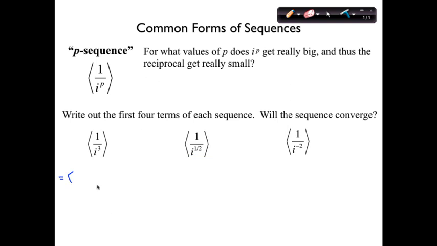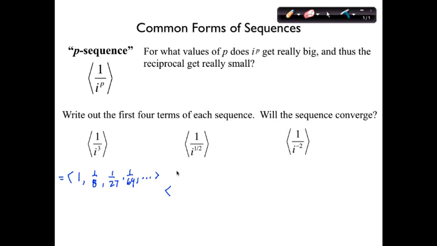Lucas, did you get this first one? Can you tell me what the 4 terms are? Yeah, so it's 1, then 1/8, 1/27, and 1/64. And then we write... Okay, next one. Let's see.